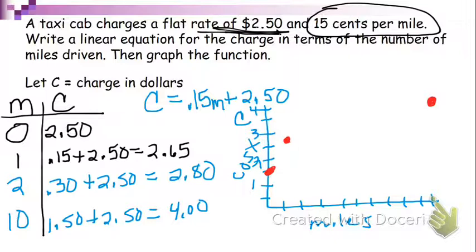Because I hand drew this, it isn't to scale very well. I threw in another number 4 just to make sure, but because I hand drew this, it doesn't look as nice as it should look. If you were using graph paper, of course, it would look much, much nicer.